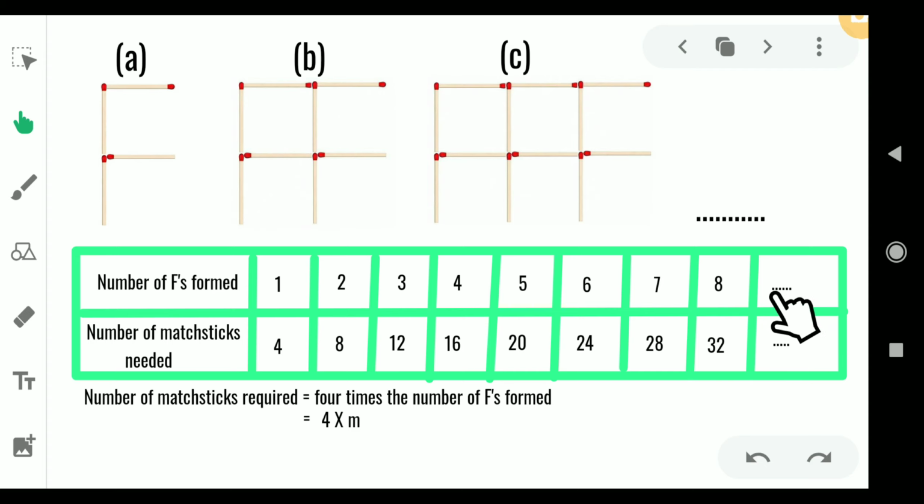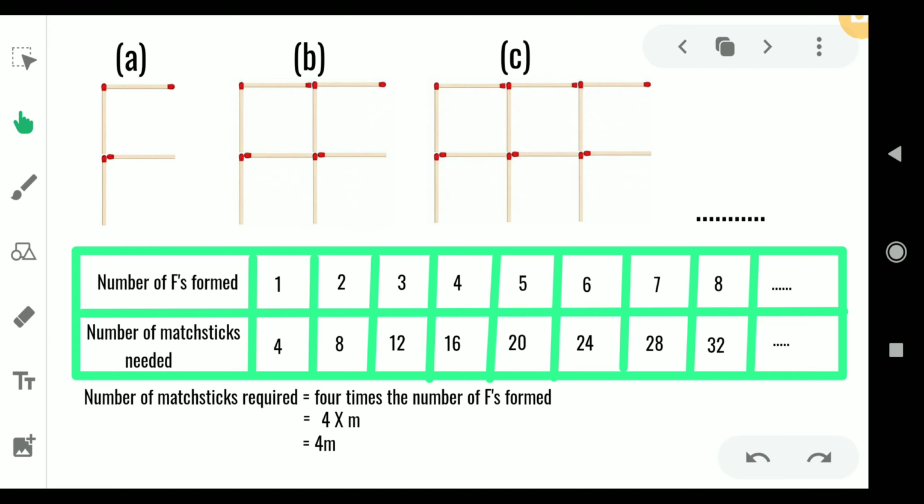As I said, unknown numbers are always represented by a letter. You can take any letter of the English alphabet. Right now I have taken M. Say, for example, there are M number of F's formed. To find out how many matchsticks are required for M number of F's formed, we have to write 4 times M, the number of F's formed.